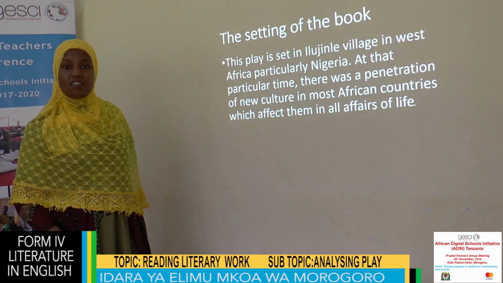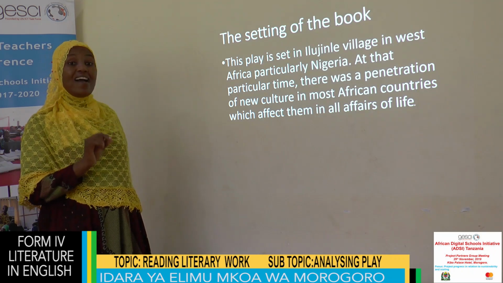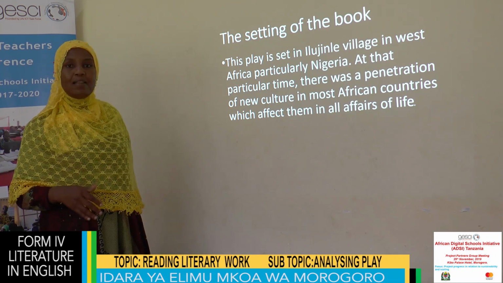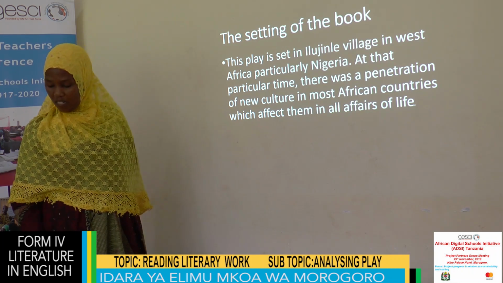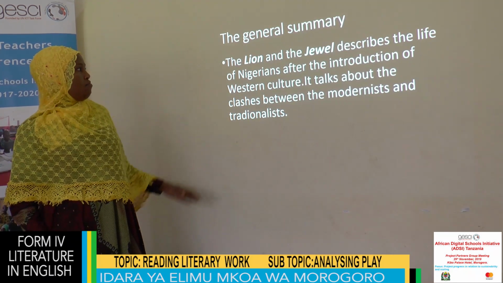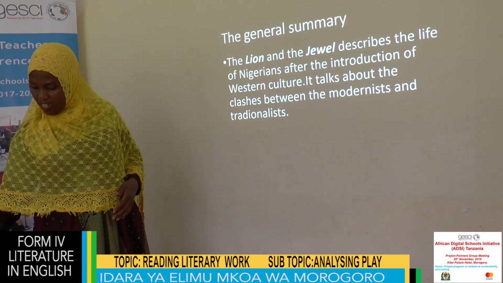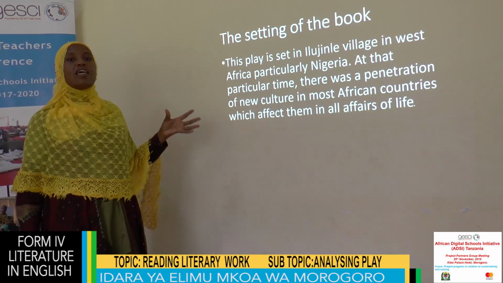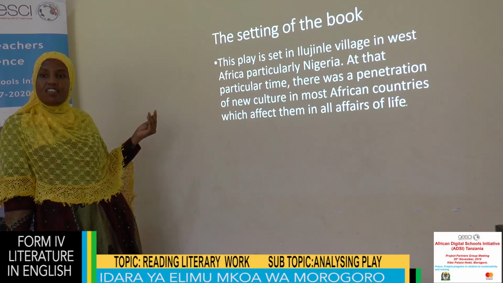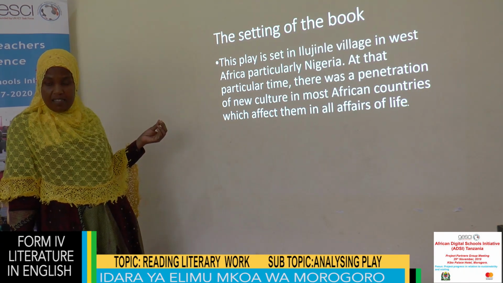But some members of the society agree, while others despise them and still preserve their own culture. Now, that situation led to the conflict between the traditionalist and the modernist.